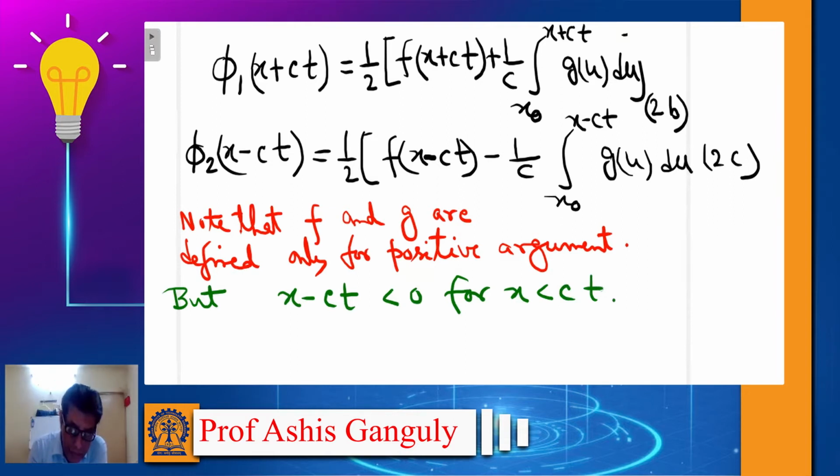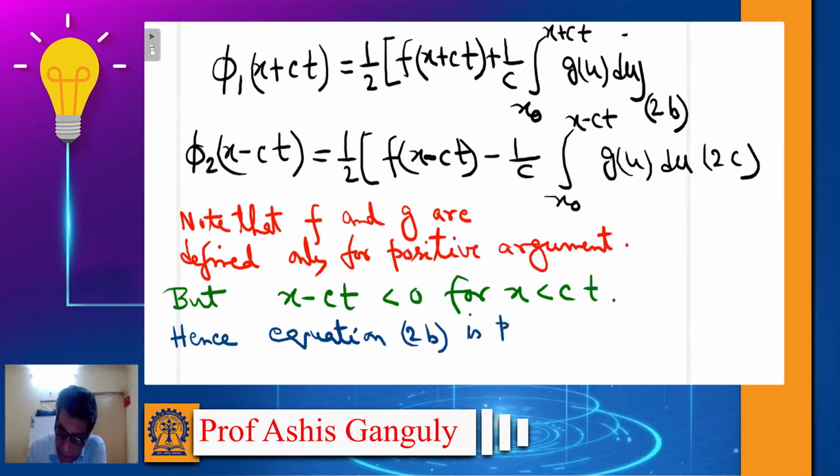This means equation 2b is perfect for x belongs to 0 to infinity and t greater or equal to 0.